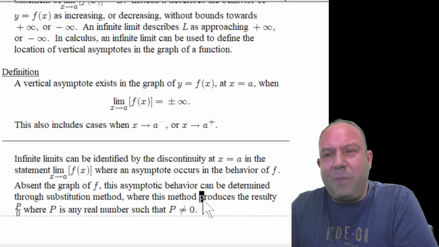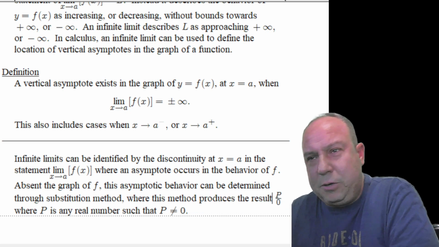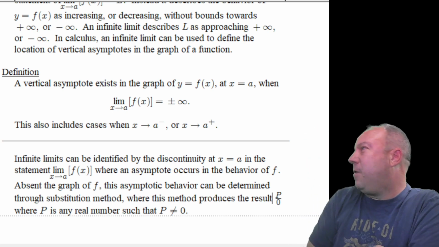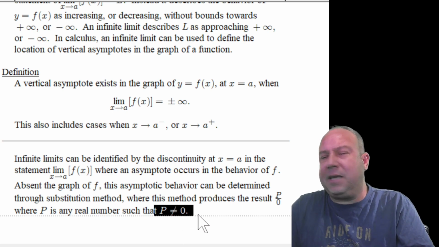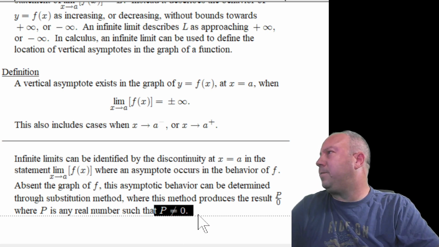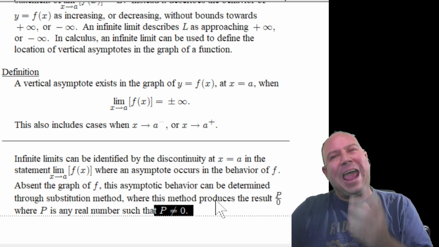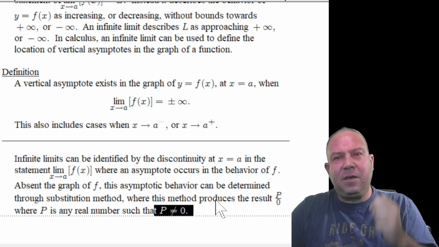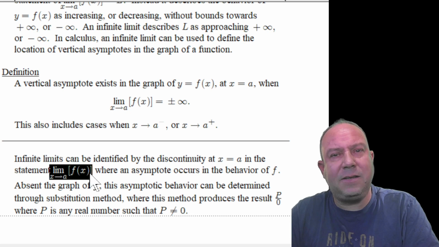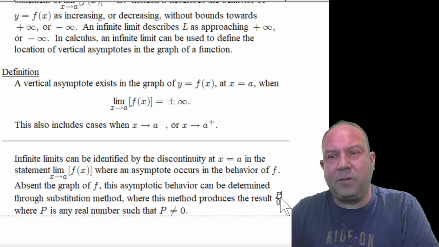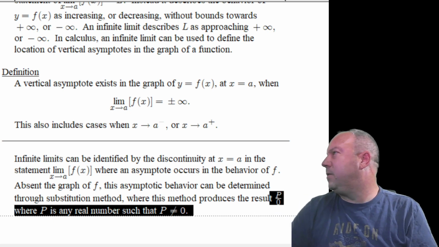This method produces the result p over 0, where again, p is a real number such that p cannot be the value of 0. That's when you know you have asymptotic behavior at a real number of a. When you substitute it in using substitution method when evaluating your limit, and you encounter a result in this form under these conditions.